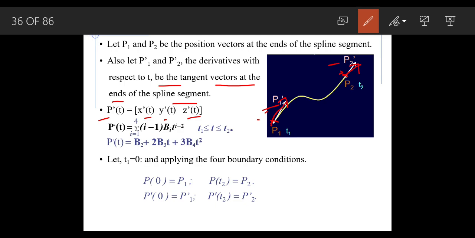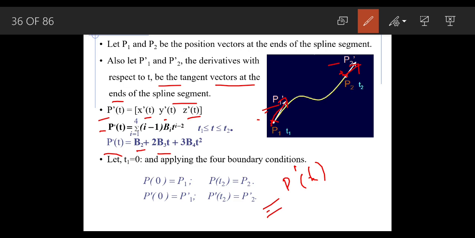How do we represent this in the form of an equation? P dash t is equal to the summation, i ranges from 1 to 4 for the 4 control points, of (i minus 1) b_i t raised to i minus 2, according to the rule of differentiation.